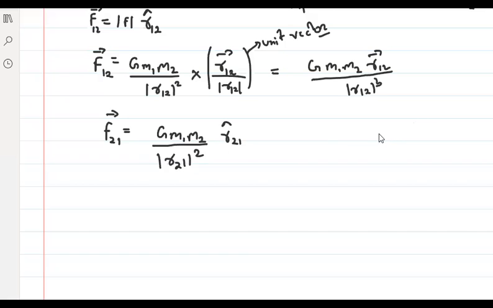And we know that r12 unit vector is the negative of r21 unit vector. Agree? So can I say that this is nothing but negative of F12, right?